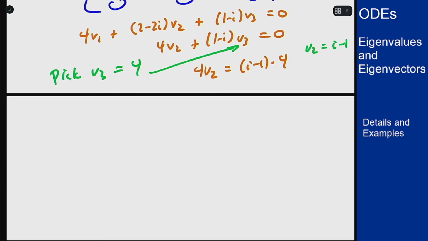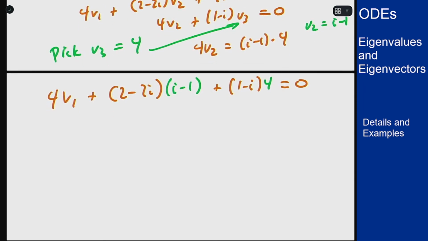Then we can use these two values of v2 and v3 to solve for v1 using the first equation. The first equation tells us that 4v1 plus (2 minus 2i) times v2, which we know is i minus 1, plus (1 minus i) times v3, which you know is 4, has to equal 0. We can expand everything out here. This product here becomes a 2i plus 2, because minus 2i times i is negative 2i squared, which is plus 2.